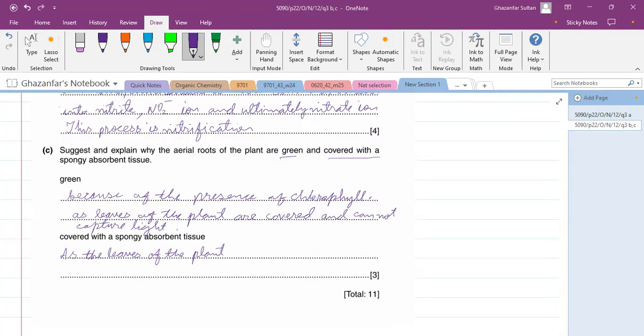And another part of the question says why they are covered with spongy absorbent tissues.